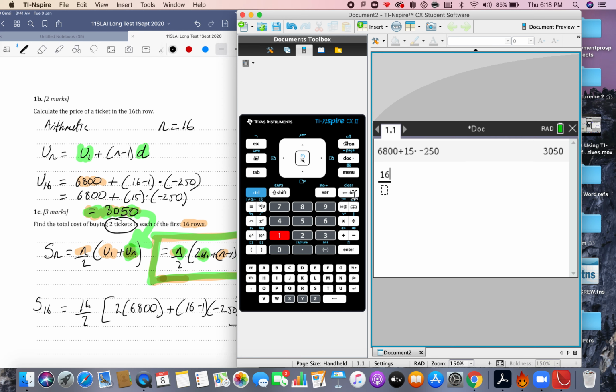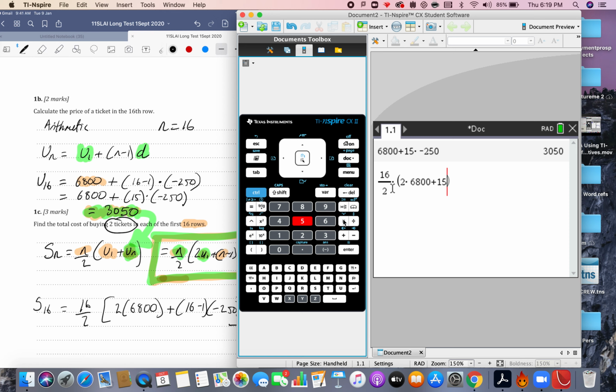This is 16, then the down arrow 2, then the right arrow, times, open bracket, 2 times 6,800, plus n minus 1, that's 16 minus 1 is 15, times negative 250. You can put that negative 250 in a bracket, just to be sure. It will work out to the same answer, and that is 78,800.